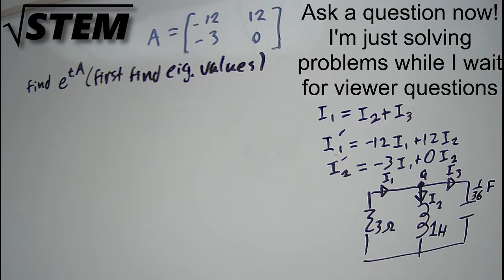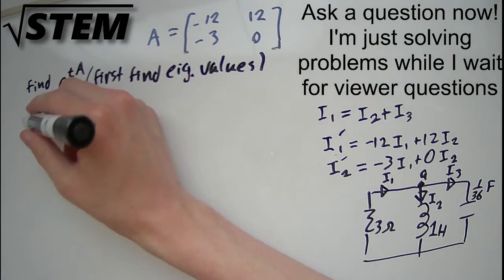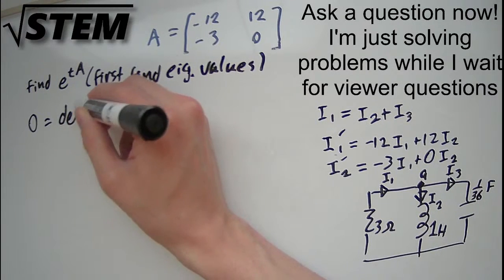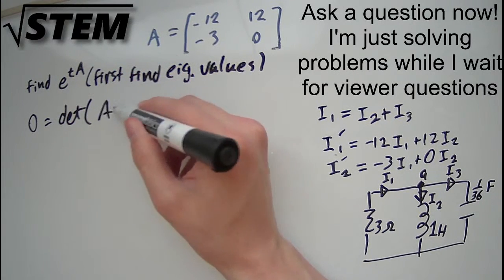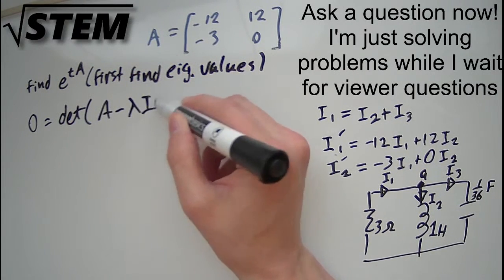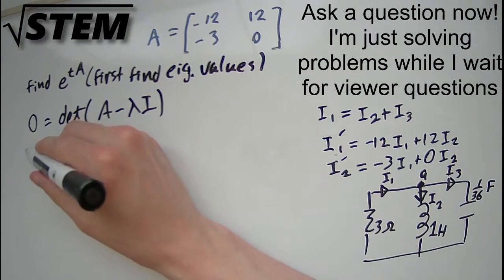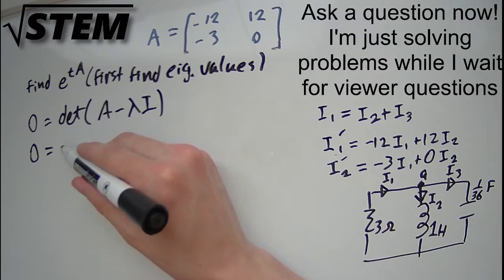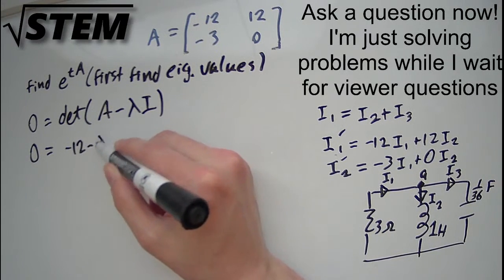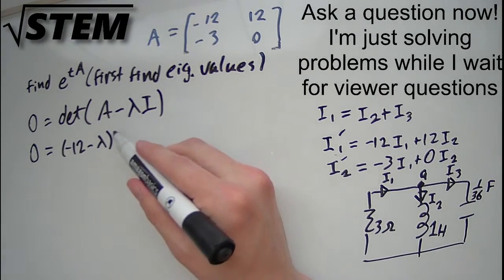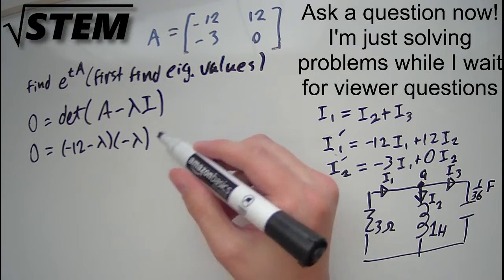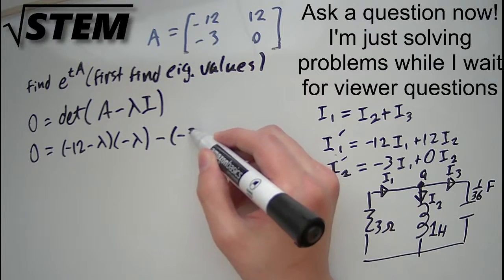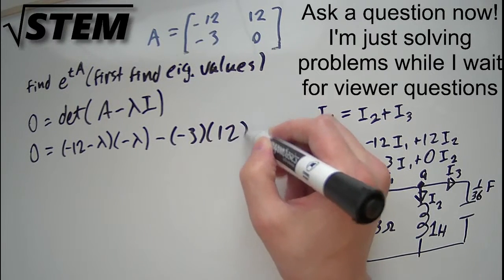So to find the eigenvalues, start the way we always do. We set 0 equal to the determinant of A minus lambda I. So that is 0 being equal to negative 12 minus lambda times negative lambda, minus negative 3 times 12.